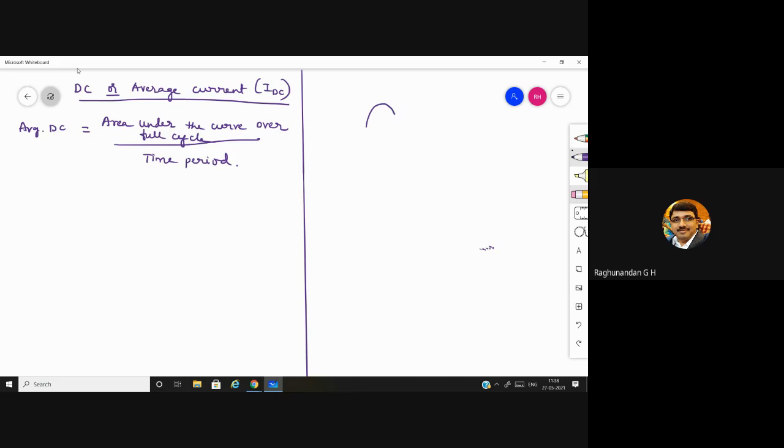So we have obtained the output like this, right? For one complete cycle, starting from 0, 180 degree, 360 degree, or we can write it as 0, pi, 2 pi, we are getting this output.